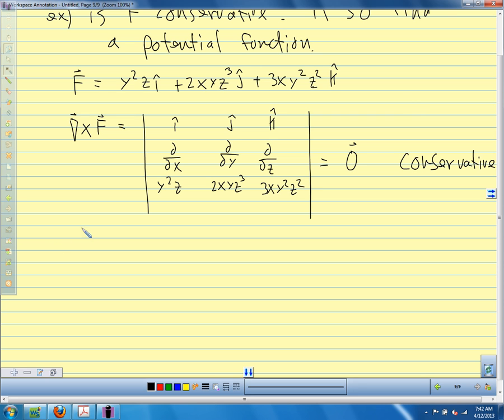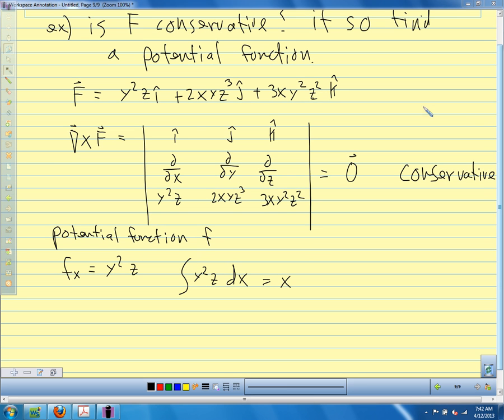That tells us that if our potential function is f, the partial of f with respect to x is y squared z. So the integral of y squared z dx is x... actually I missed a cube here.